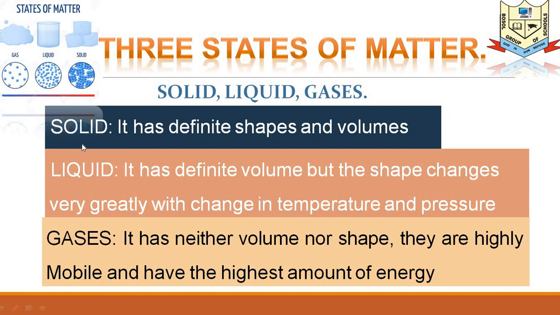Now we're talking about solids. Solids have definite shapes and volumes. As you look around your room now, you're seeing various objects. They have definite shapes. Your cupboard has a definite shape.